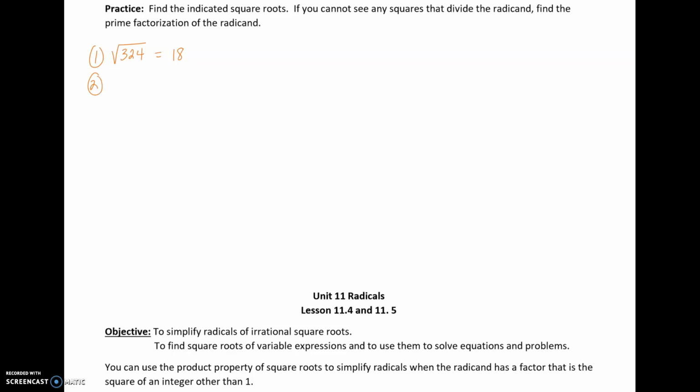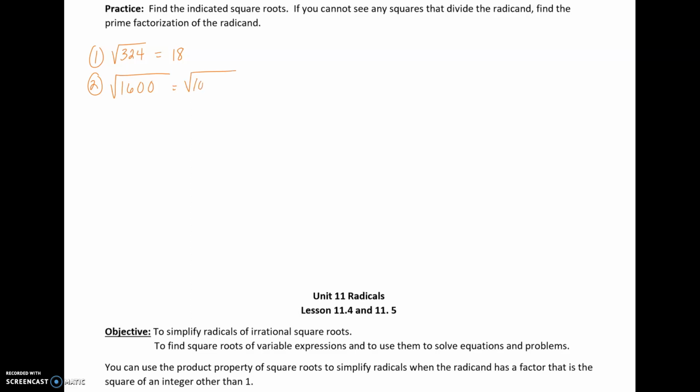All right. Number 2, the square root of 1600. Our chart doesn't go up that far, but if I can't just immediately know, find the prime factorization if you need to, or find two factors that are perfect square factors.